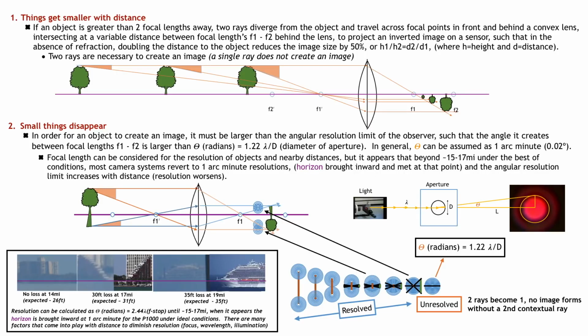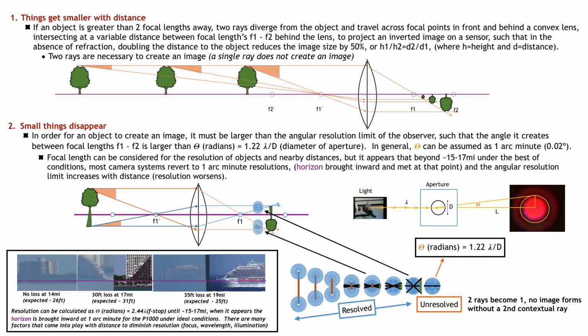And so resolution can also be calculated based on the brightness and the f-stop and any number of ways. It just so happens that theta in radians with the Rayleigh criterion is essentially the predominant way to describe the phenomenon.